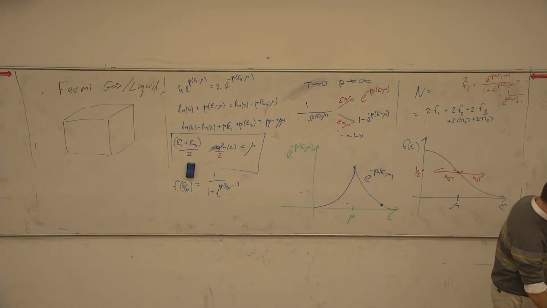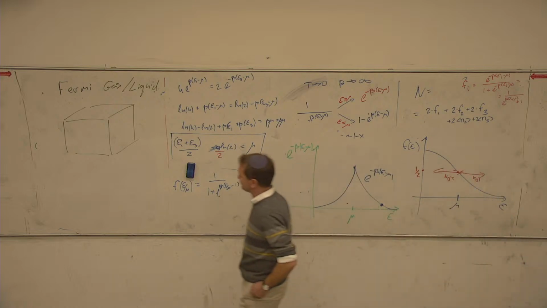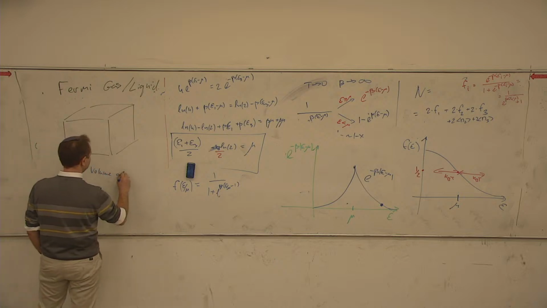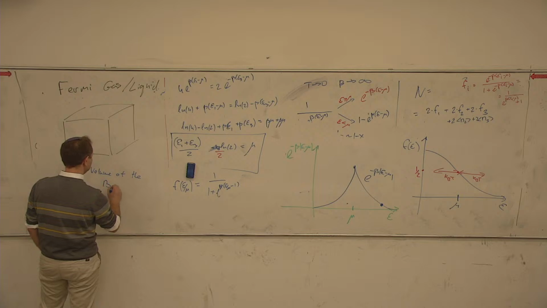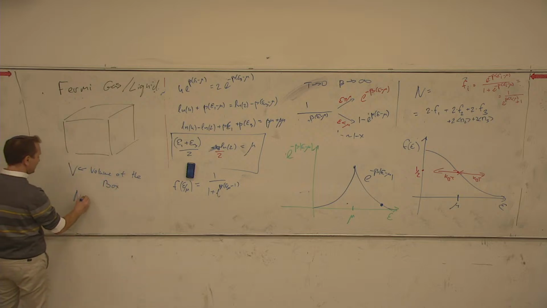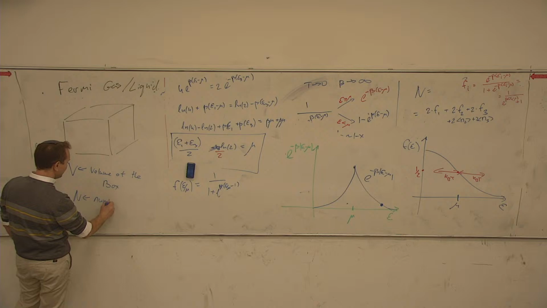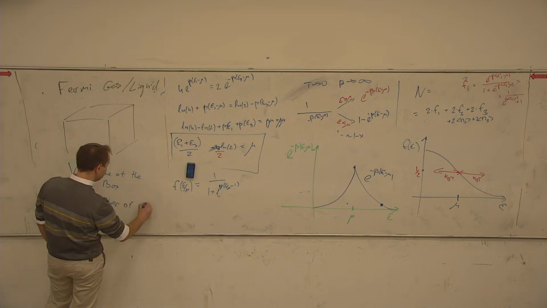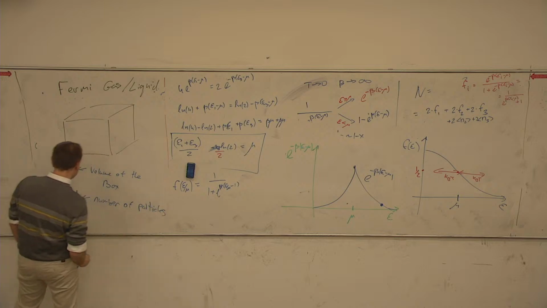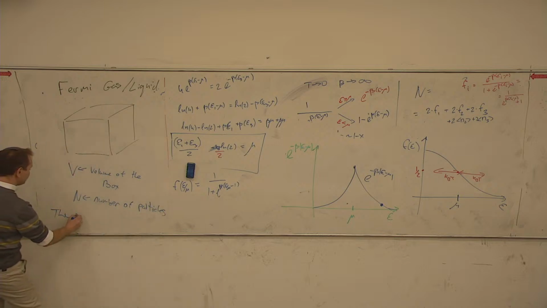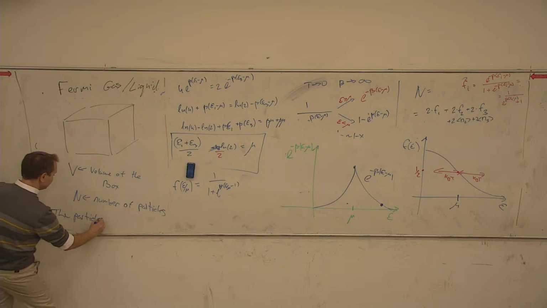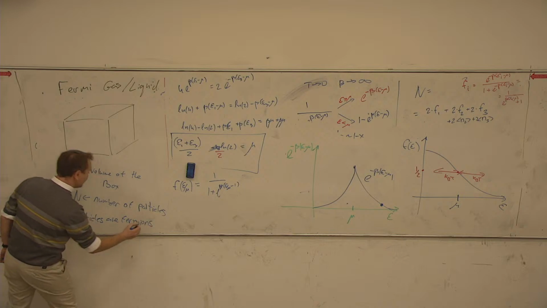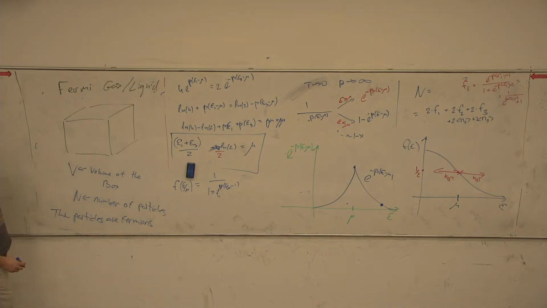The volume of this box is V. It has N number of particles, or average number of particles. The particles are fermions. Okay. And they are not interacting.